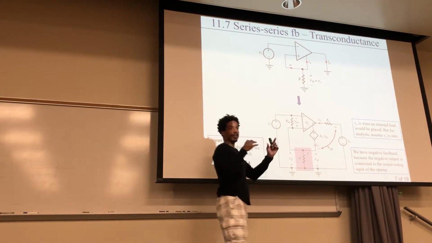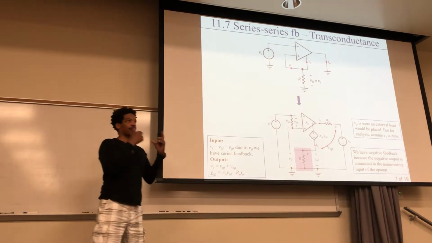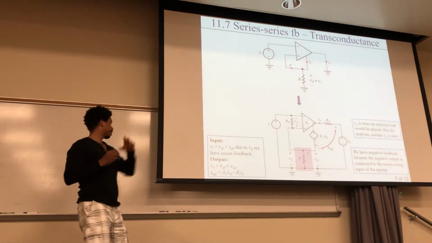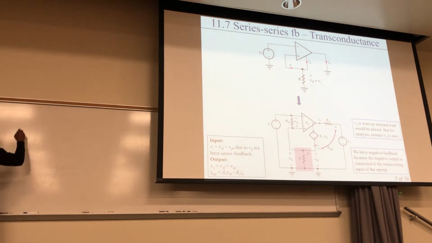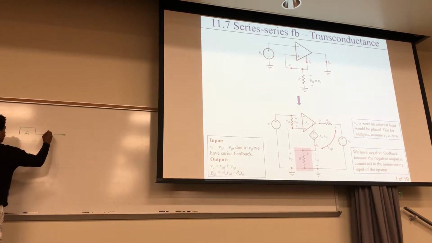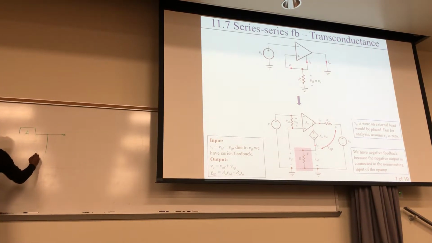So remember our feedback system. What do we have here? We had something like this. It went through A, came out, and then it went through some beta, and that came through here.